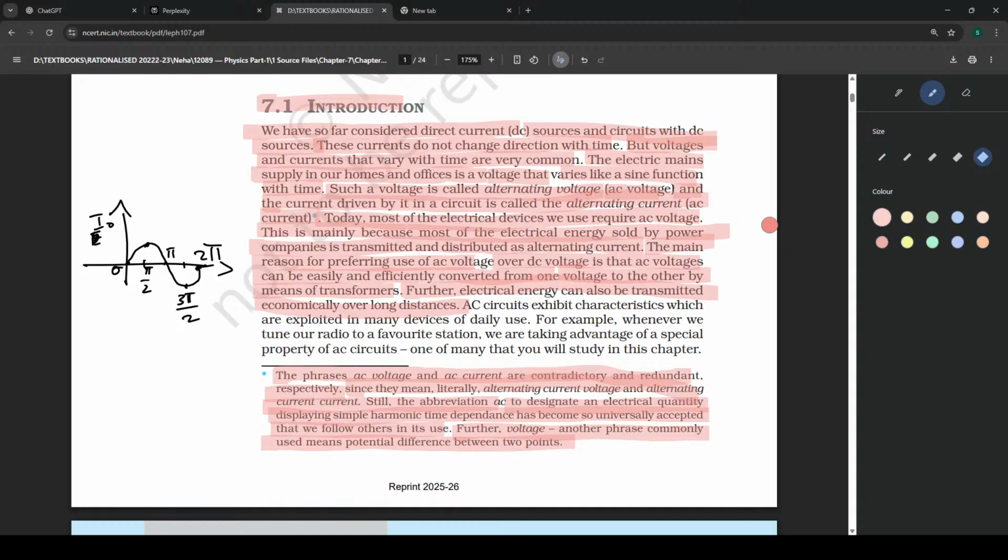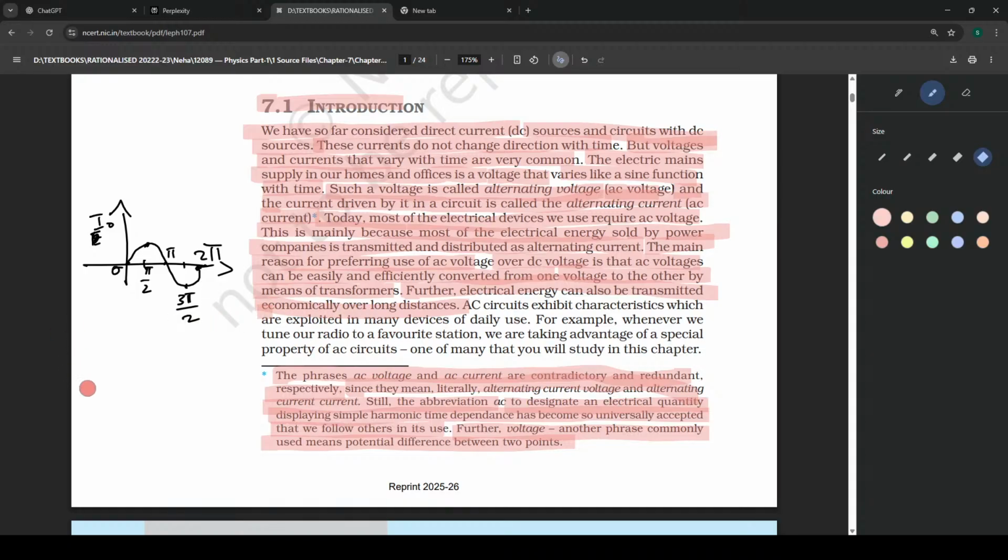But if we take an AC circuit, that is alternating current, we can transport current through transmission lines without much energy loss, which is very economically efficient.